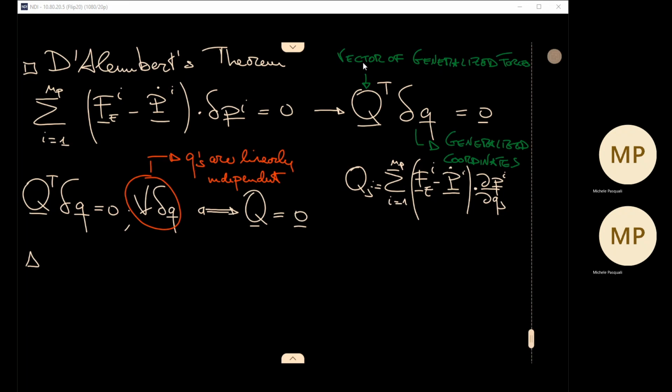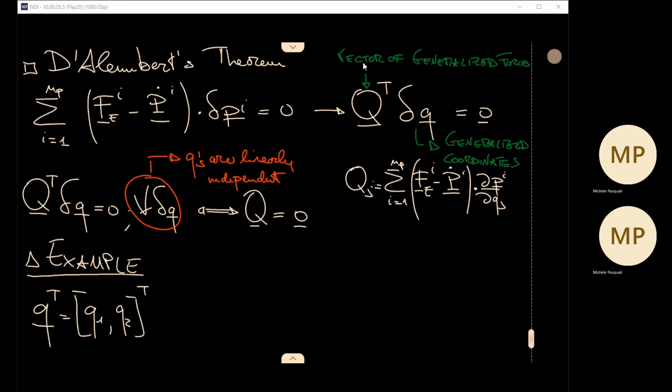So we have Q, the vector of generalized coordinates, which is just composed of two elements, Q1 and Q2. And then we have that, in association to this, the vector of generalized forces can be written as such, capital Q1, Q2.